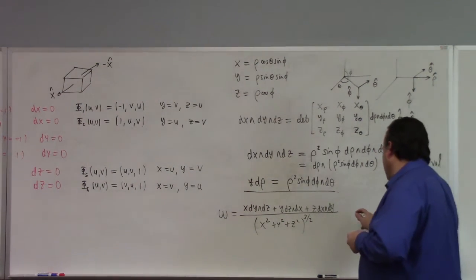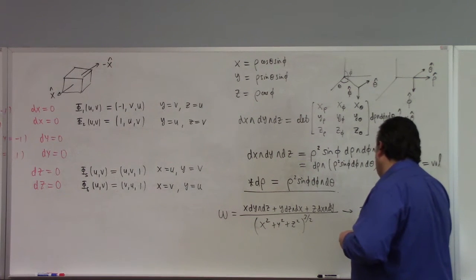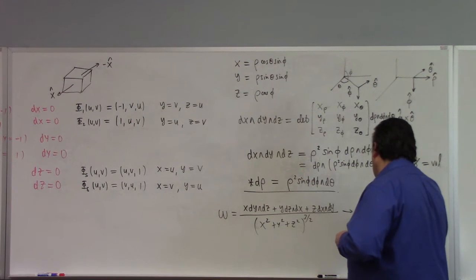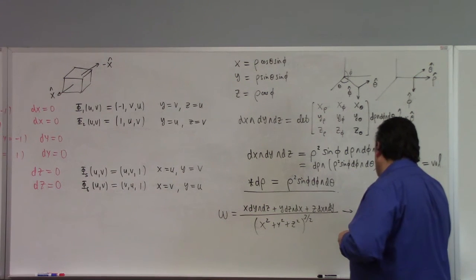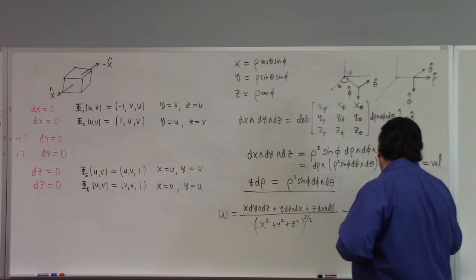The Hodge dual of this, under the Euclidean metric, is simply x dx plus y dy plus z dz over x squared plus y squared plus z squared to the 3/2, yeah?